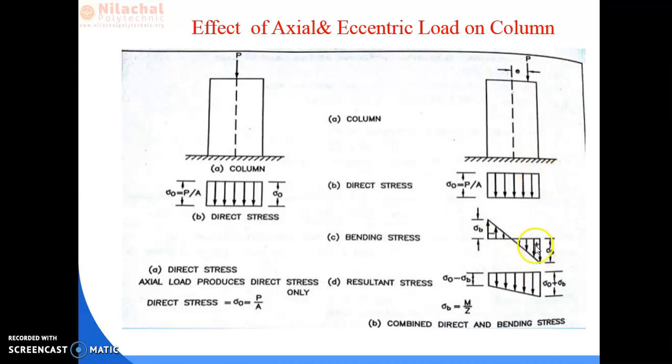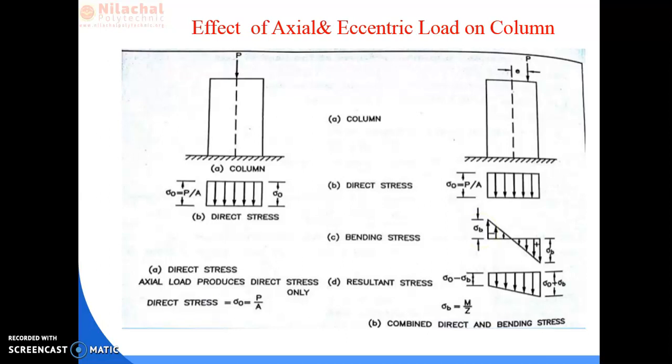The maximum stress is bending stress plus direct stress, known as sigma O plus sigma B. While along the left part there will be direct stress minus sigma B, and that is known as the minimum normal stress.